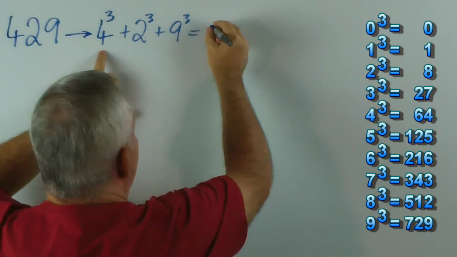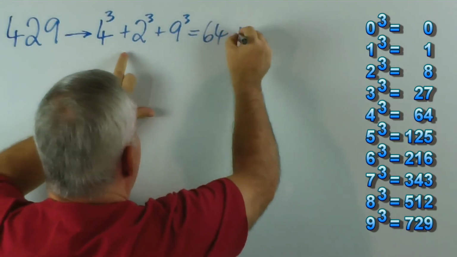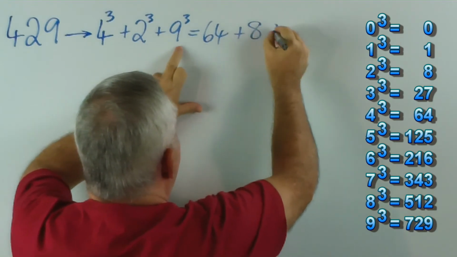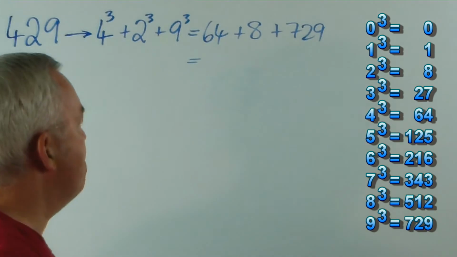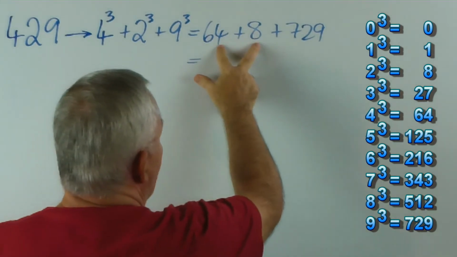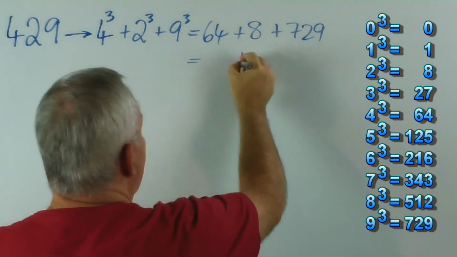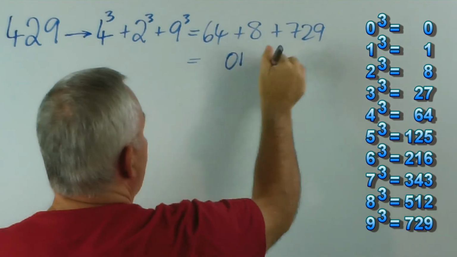Now 4 cubed, we do use equals now, 4 cubed equals 64, 2 cubed equals 8 and 9 cubed equals 729. And here's where we practice our adding. 4 and 8 is 12, and 9 is 21, carry the 2, we get 8, 2 is 10, carry the 1, we get 801.